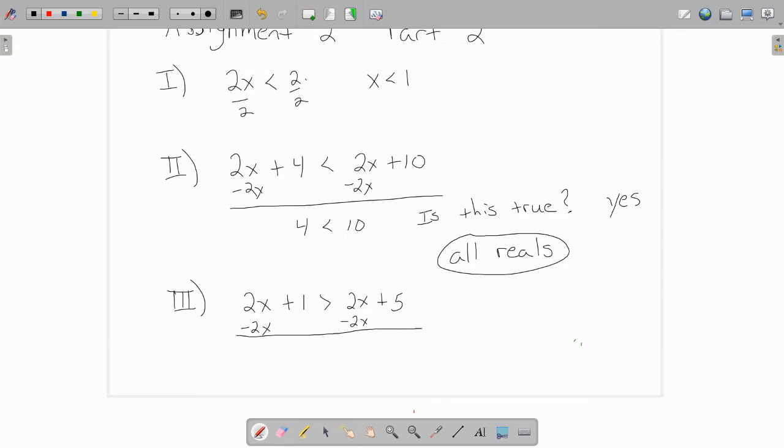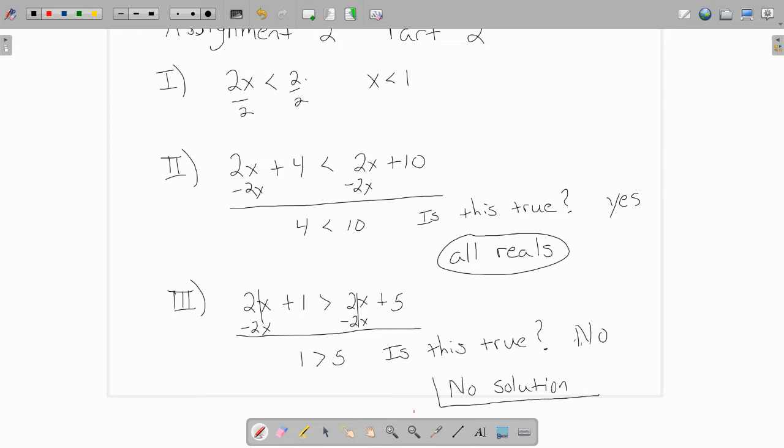If you subtract 2x from both sides, they cancel in both spots. You're left with 1 is greater than 5. Is this true? That's what you're always asking yourself. Is this a true statement? Is 1 greater than 5? No. So therefore, there is no solution.